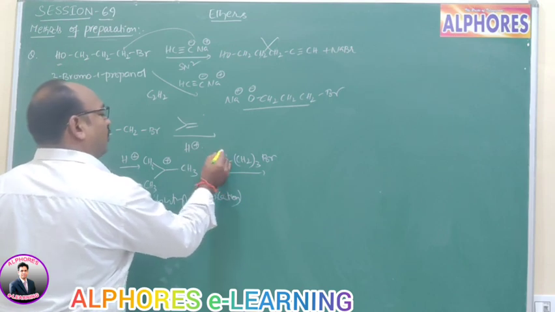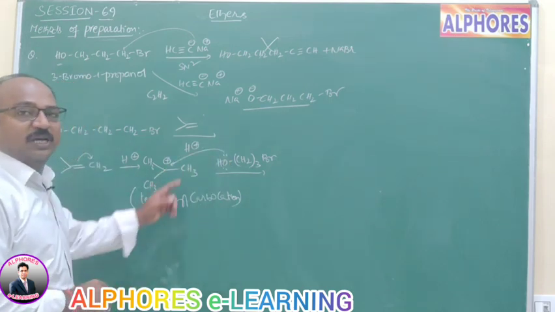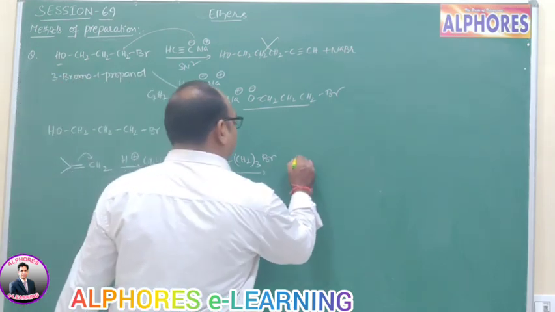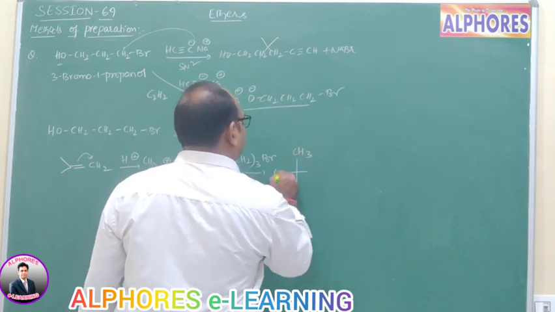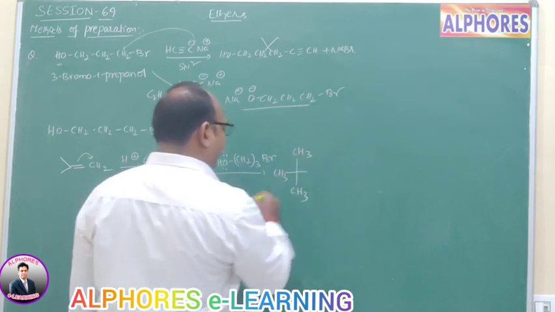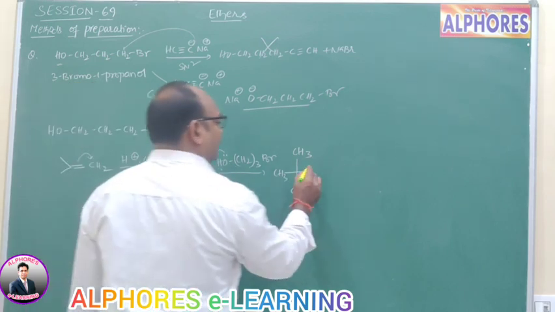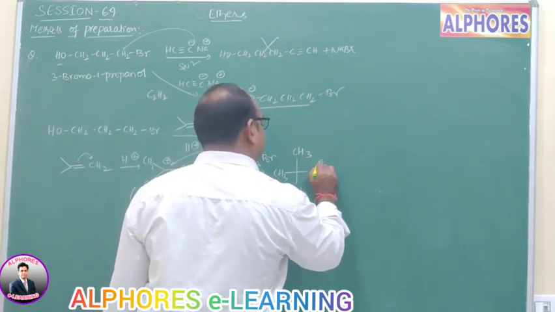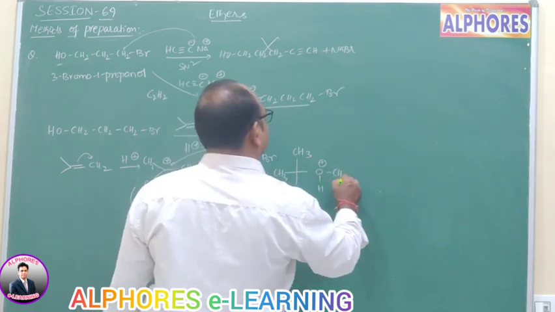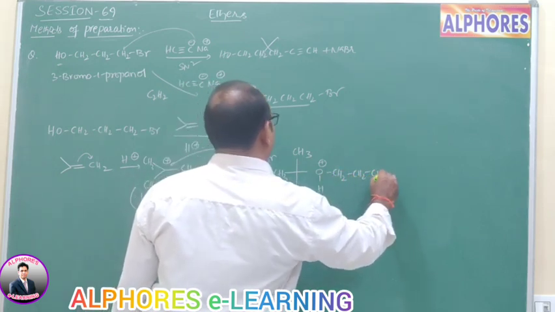Now this oxygen lone pair attacks the positive charge, so there is a new bond formation between this carbon and oxygen, giving CH3 groups, O plus H, CH2, Br.